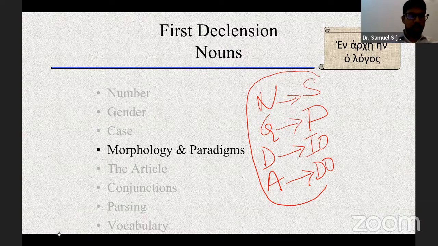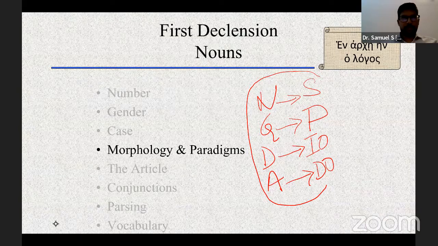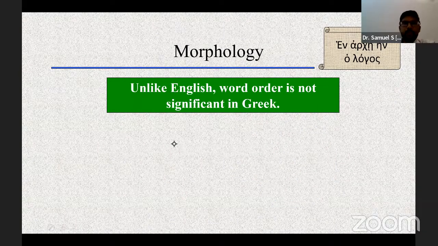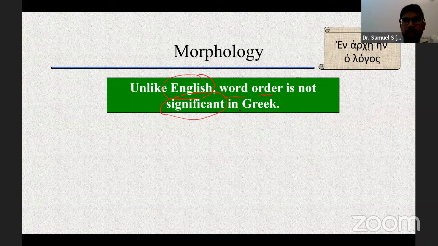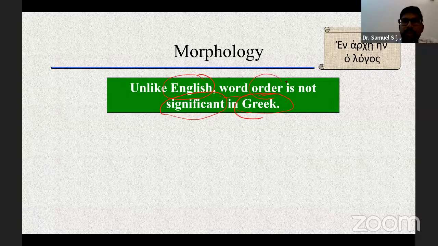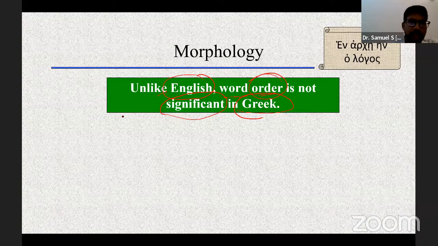Let's keep going now. Morphology and paradigms. Unlike English, word order is not significant in Greek, meaning words can be in any place in Greek, and they will always communicate the same thing wherever they are in the sentence.